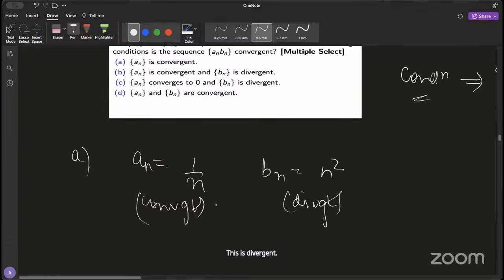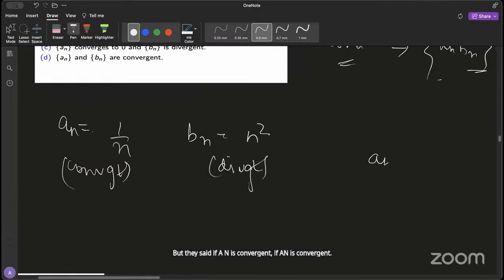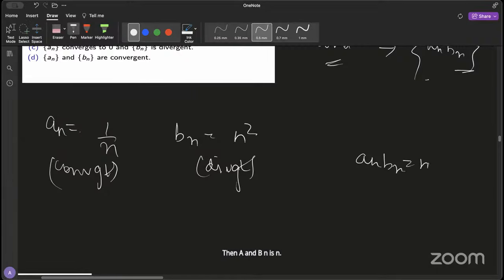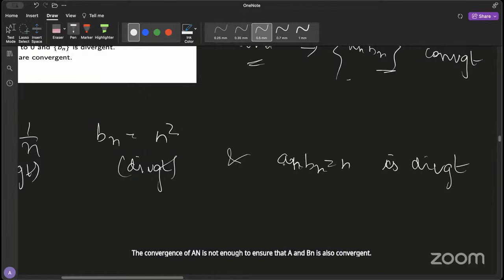But they said if An is convergent, then An Bn is divergent. That means the convergence of An is not enough to ensure that An Bn is also convergent, right?